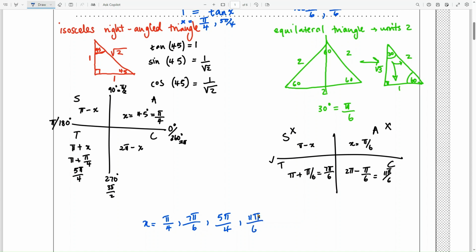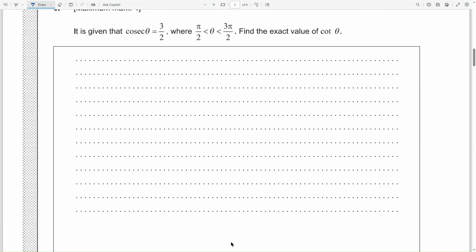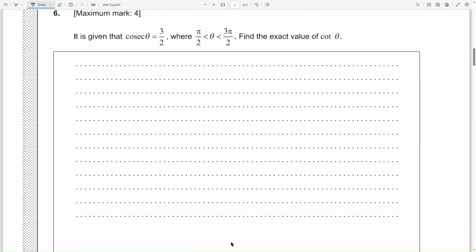Those are all the solutions to this question. Right. You have to list all 4 solutions in order to get your full marks from the previous question.